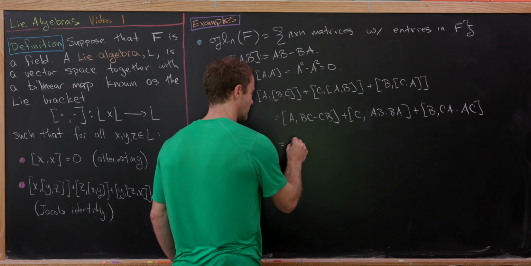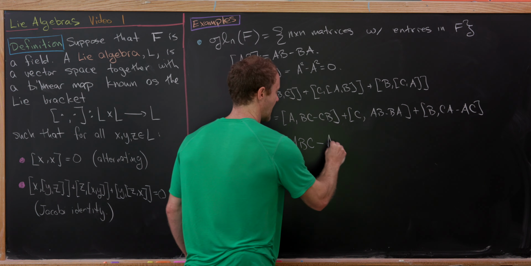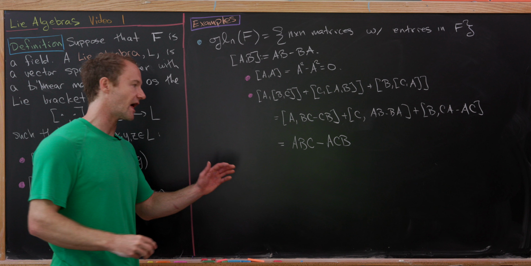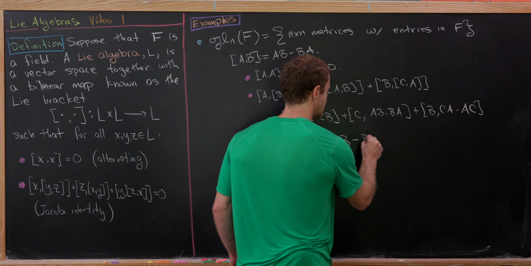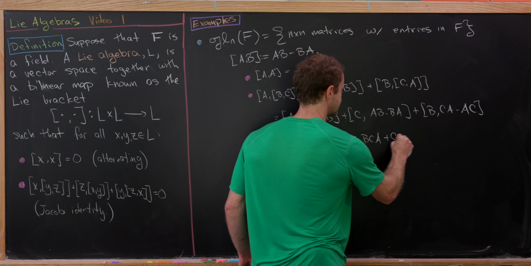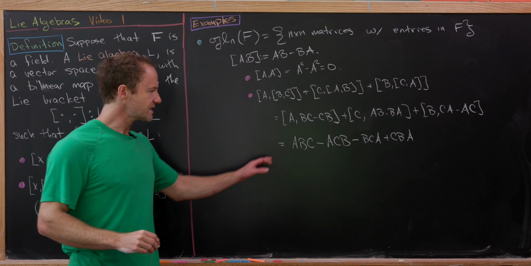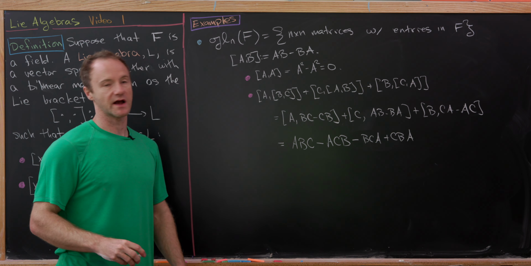So this first one will give us ABC minus ACB. So that would be A multiplied into it from the left. And then we'll subtract off BCA and then plus CBA, where I distributed a minus sign through. So there's multiplying A through on the left and multiplying A through on the right.